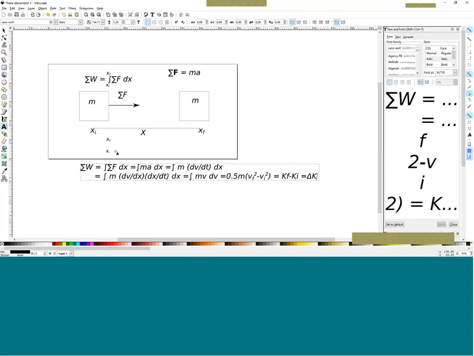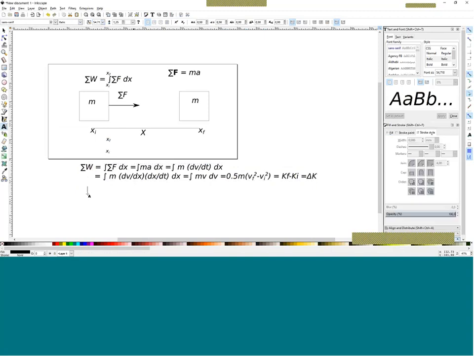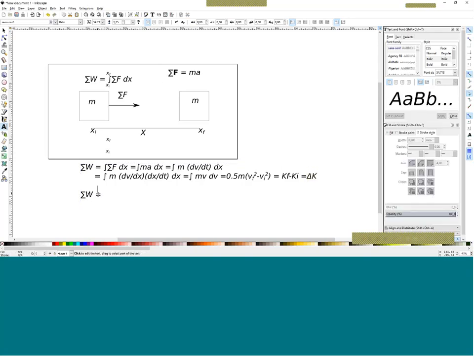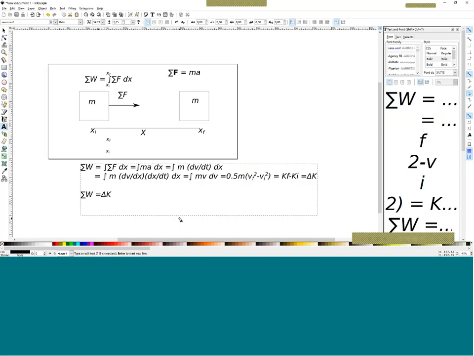So we did all this work, literally, to figure out that the sum of work on an object can be determined by the kinetic energy: the final kinetic energy minus the initial kinetic energy is equal to the work done on the object.